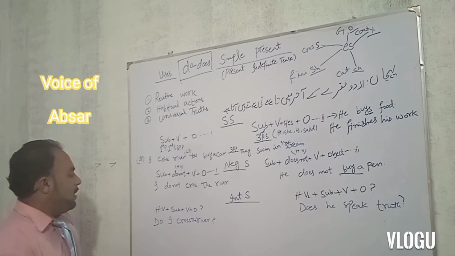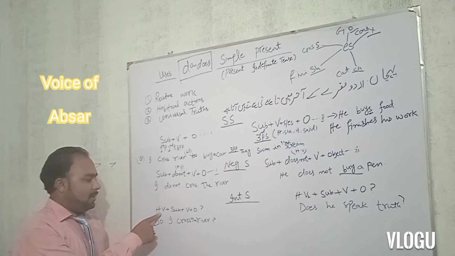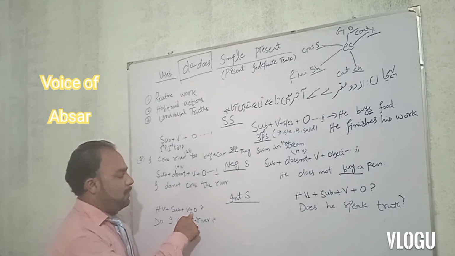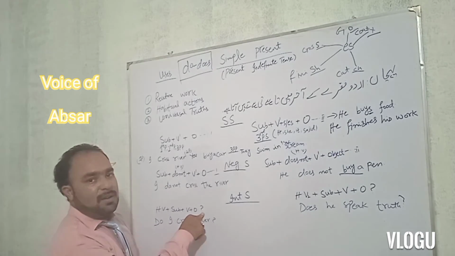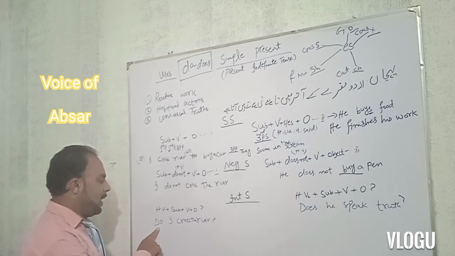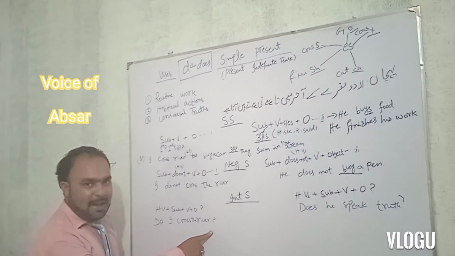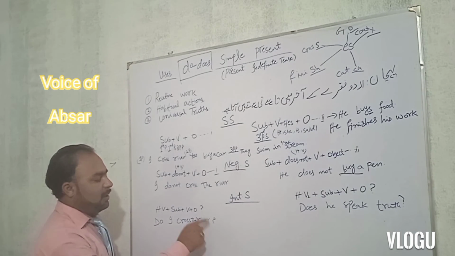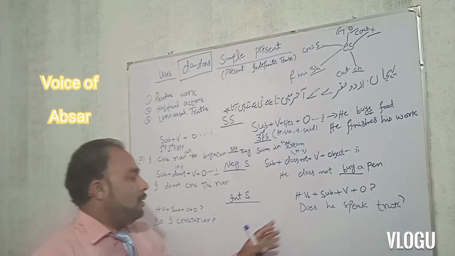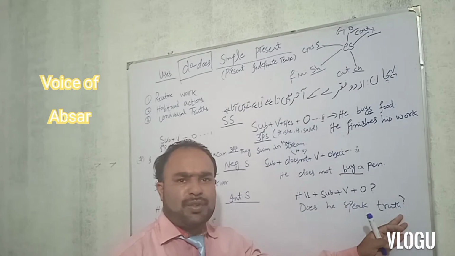We put the helping verb in the beginning, then the subject, then the verb, and then the object, and at the end we use a question mark. For example, do I cross the river? And after this we put a question mark. Does he speak truth?